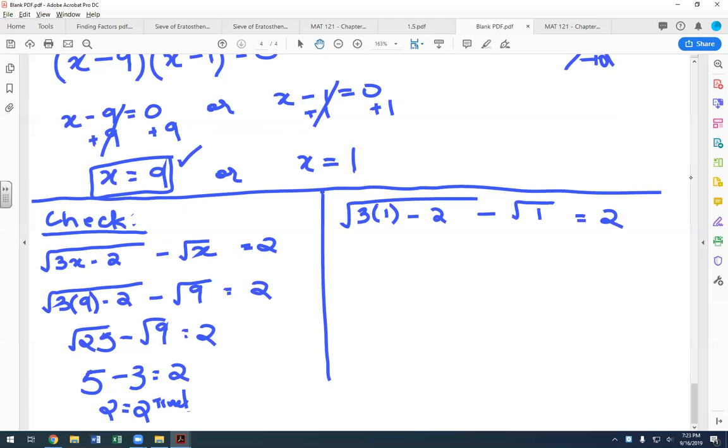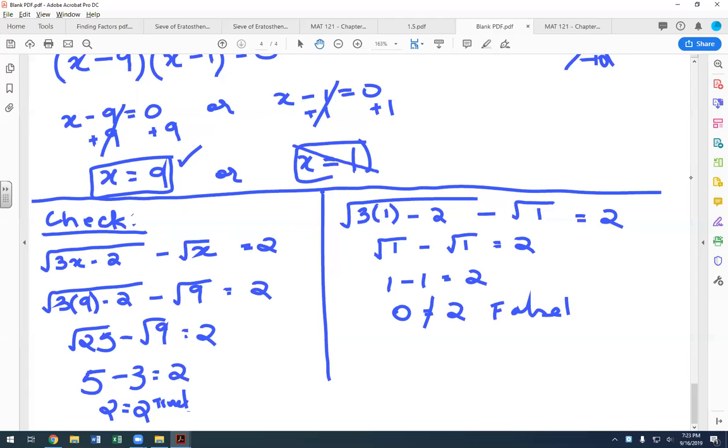No, because 3 times 1 is of course 3. 3 minus 2 is 1. And technically you're subtracting the same quantity, right? Which is of course a false statement, which means it doesn't work. So in this case, we only get one answer as our solution set, and that's going to be number 9.